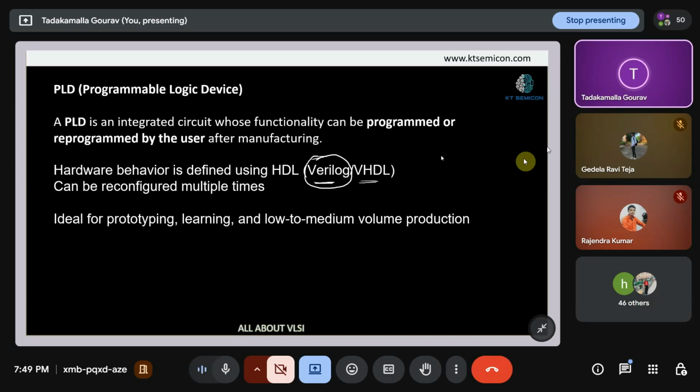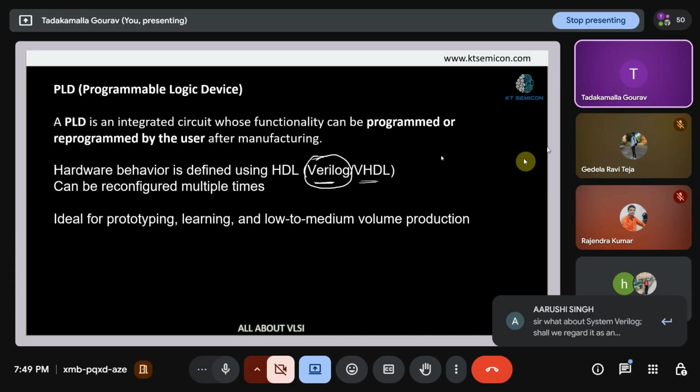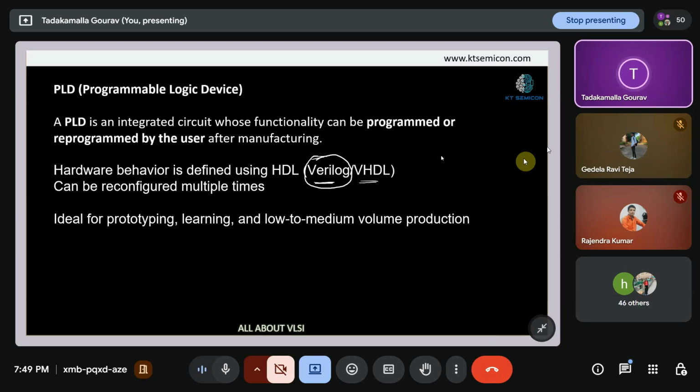Using an FPGA, you can check multiple times whether your expectations are being met, and if they are not, you can reconfigure it and check again, using an FPGA or any programmable logic device.